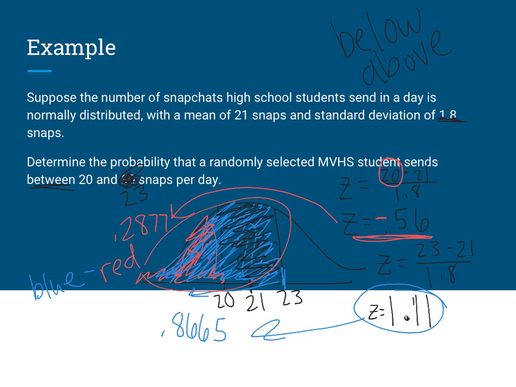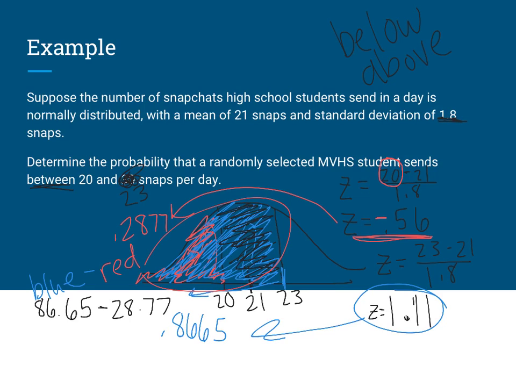So what this means is that this is 86.65% minus 28.77%.